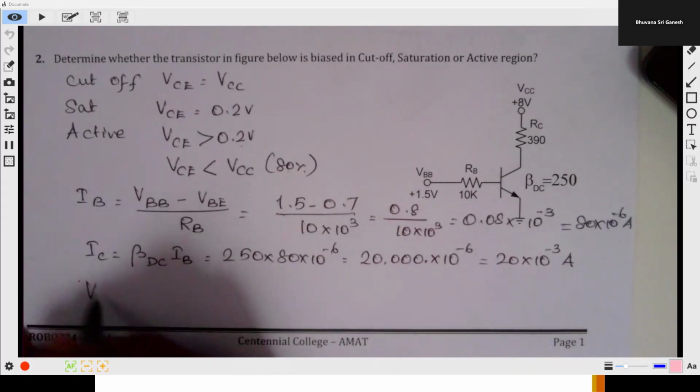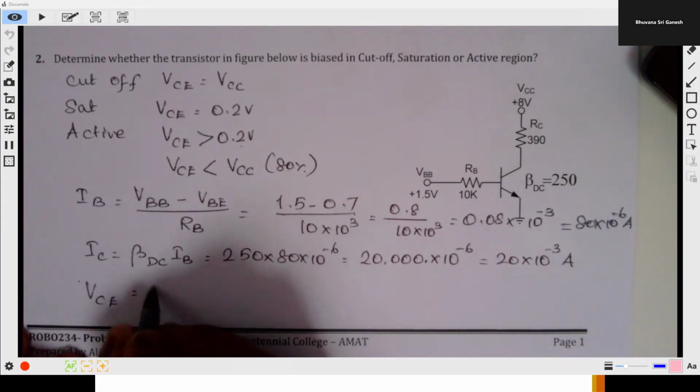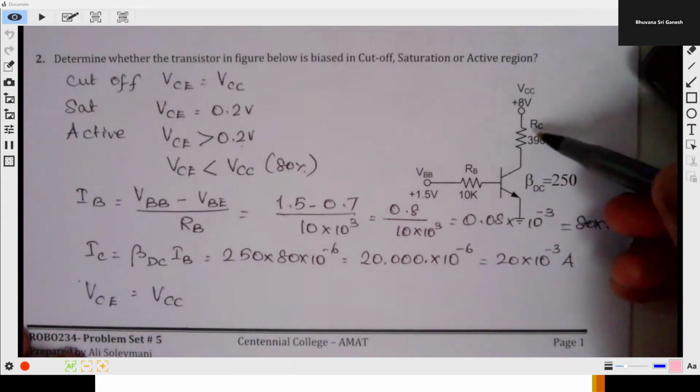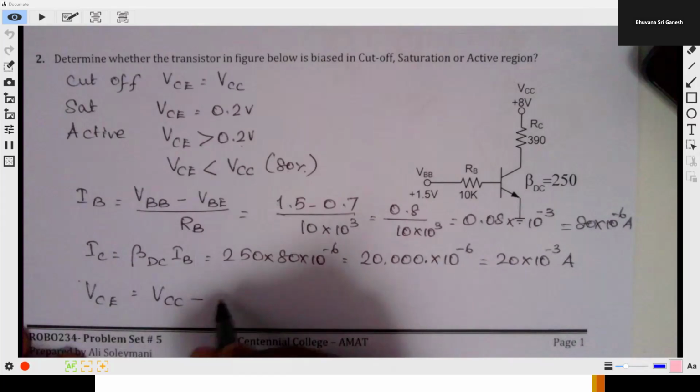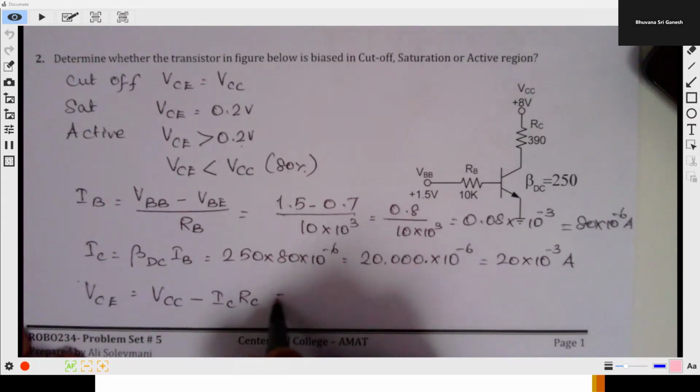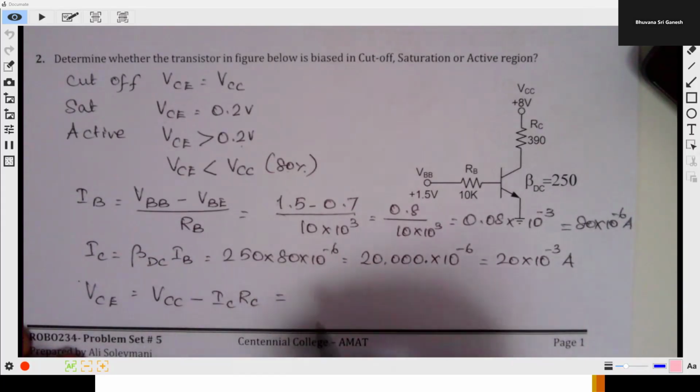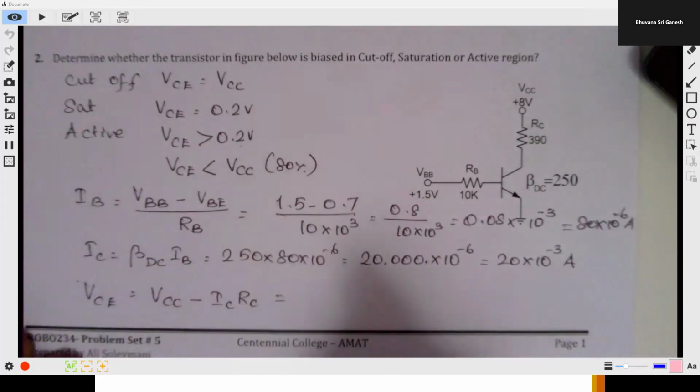Now VCE equals VCC minus voltage drop across this, which is IC times RC, right? So this is VRC, and VRC is by Ohm's law, IC times RC. VCC is what?